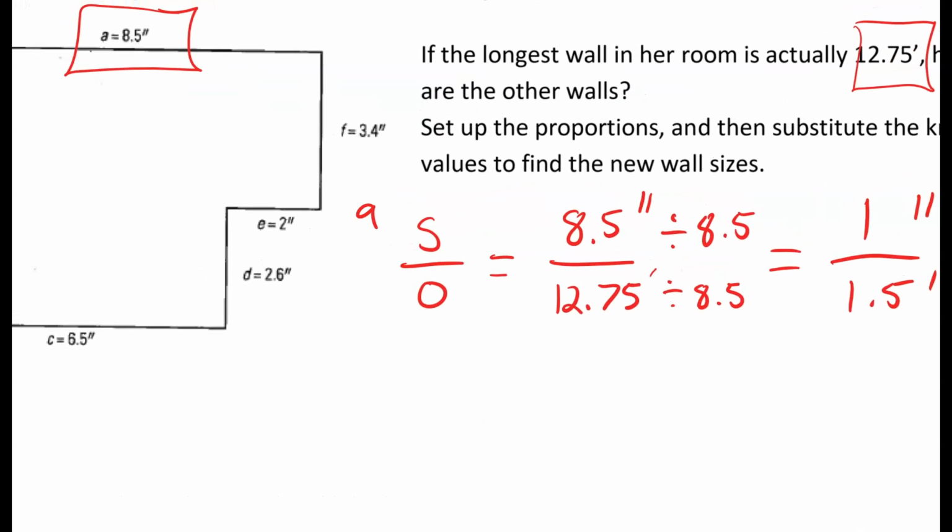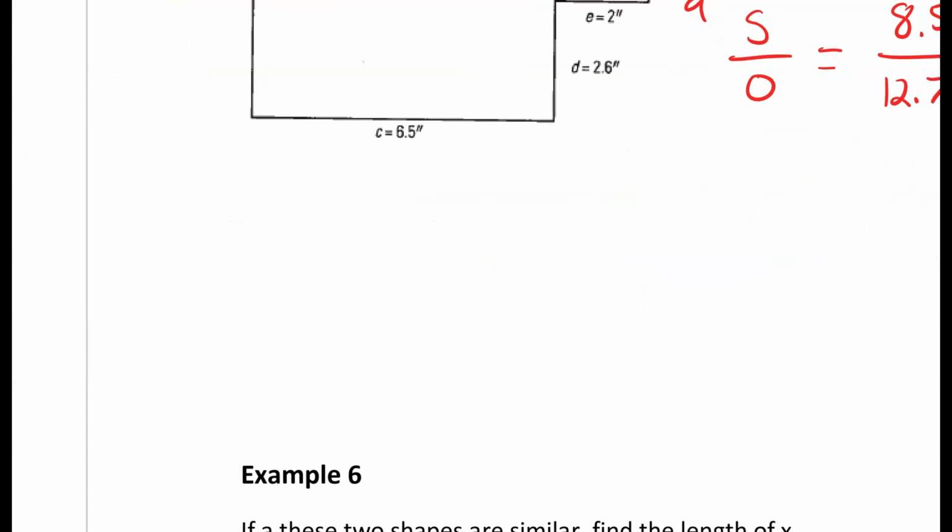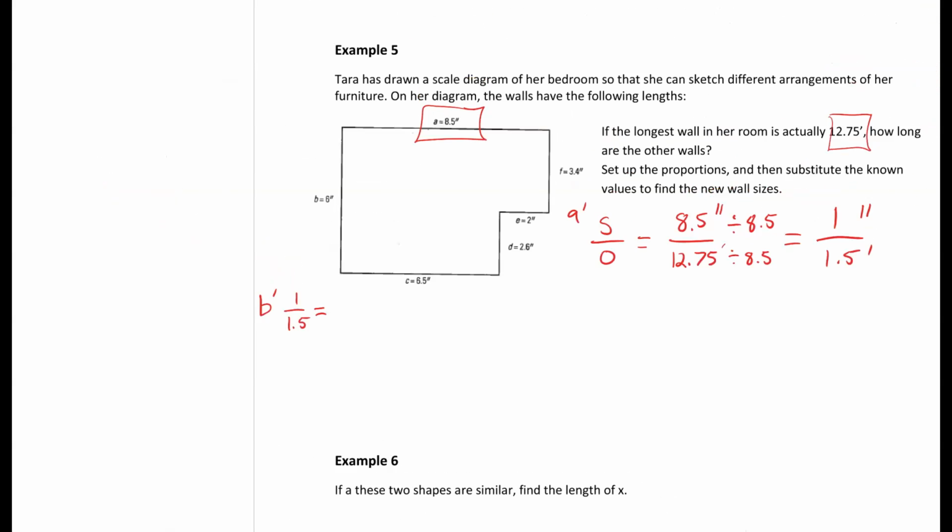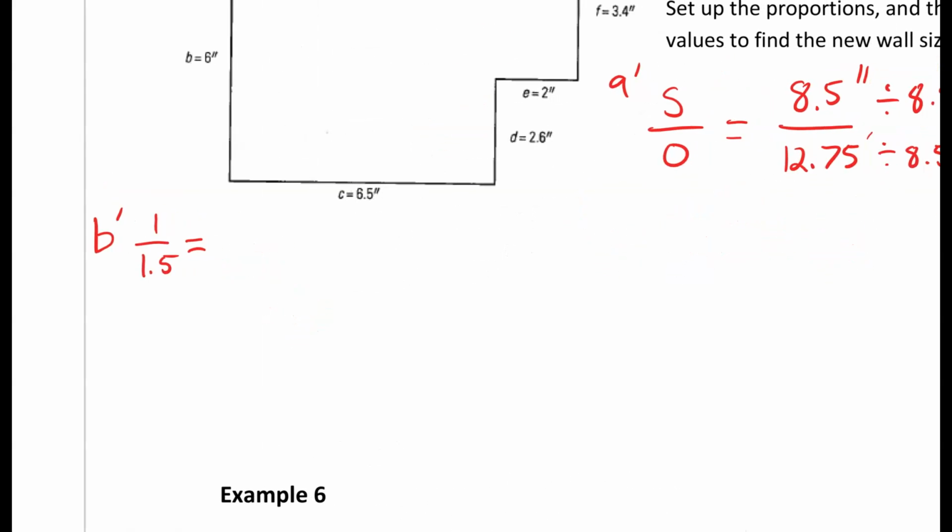Now this was for A. We want to find out for B. So if we follow that scale factor of 1 over 1.5, which is equal to, and we look at this length for B, which is 6, we have B over X. So we're trying to find for X right now, or I guess we could call it B in this situation.